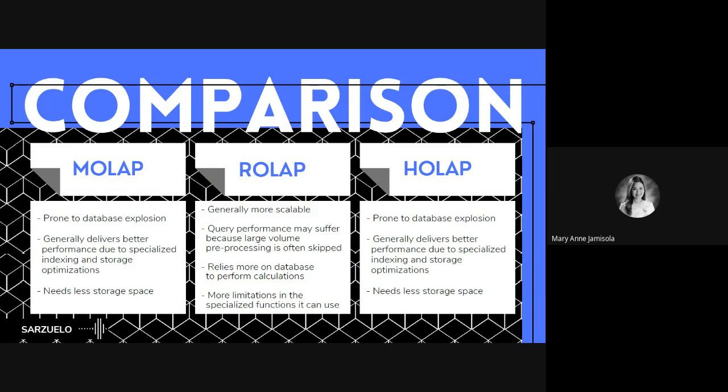Since ROLAP relies more on the database to perform calculations, it has more limitations in the specialized functions it can use. So HOLAP encompasses a range of solutions that attempt to mix the best of ROLAP and MOLAP. It can generally pre-process swiftly, scale well, and offer good function support.